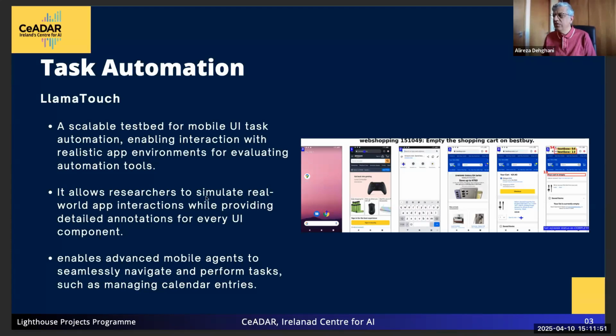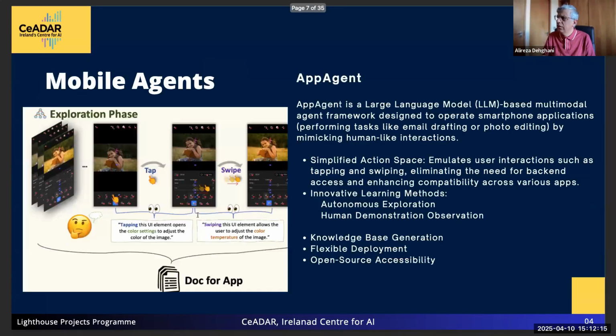It allows researchers to simulate real-world app interactions while providing detailed annotation for every UI component. Again, you can ask your LLM here to push a specific button to see what happens and collect the information and react accordingly. That's another interesting example.